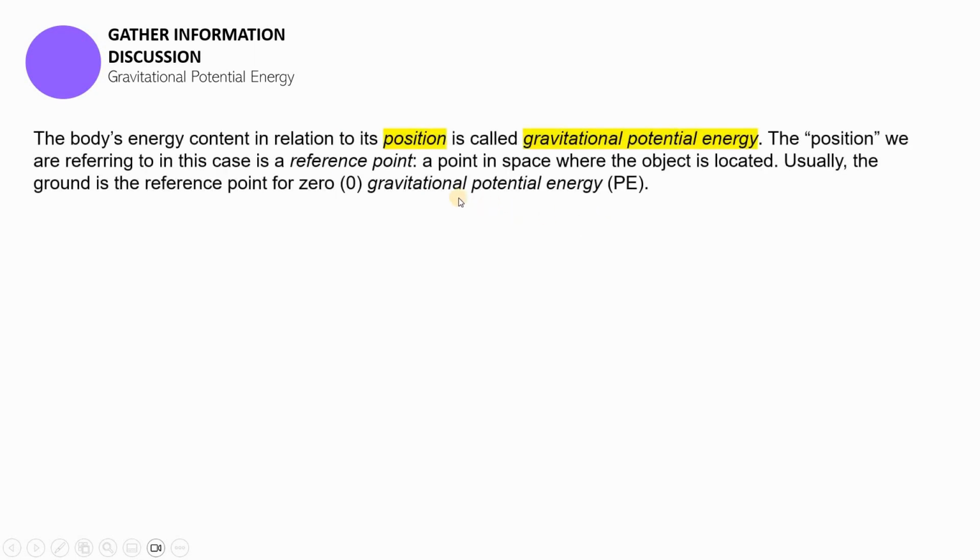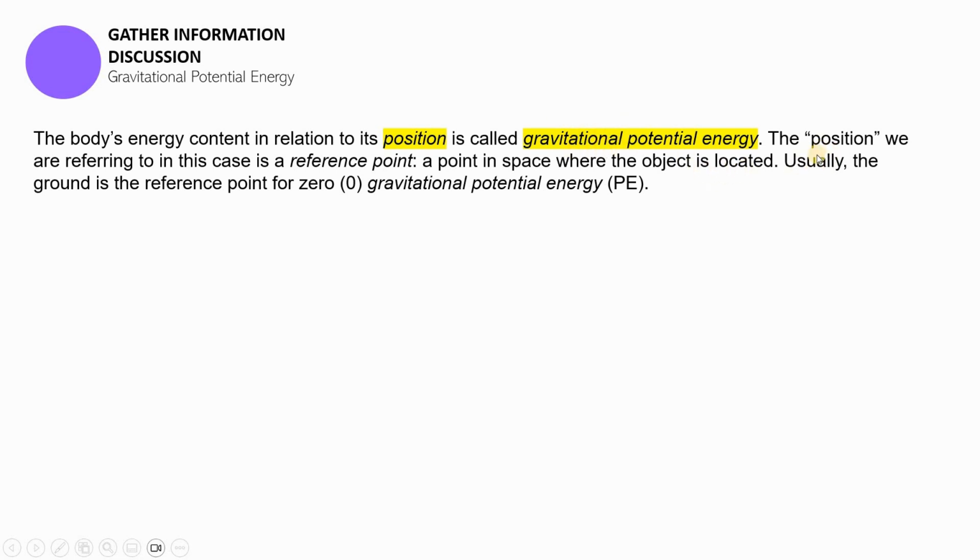For the discussion to gather information about gravitational potential energy, remember that you have been introduced already to the concept in the previous video lesson that potential energy is affected by the position of an object. When the consideration is the position of an object, its relative position on Earth, we are concerned about its potential energy, particularly its gravitational potential energy.